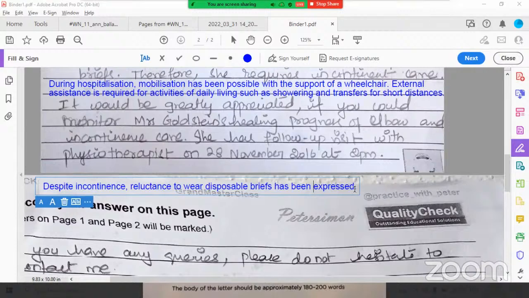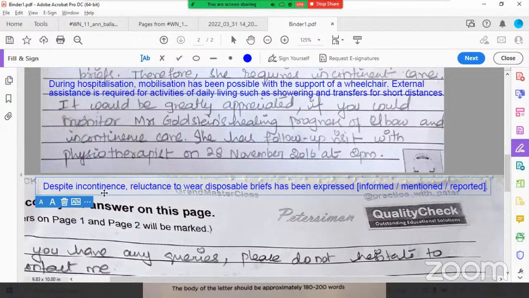So expressed, or you can write in brackets, informed, or mentioned, or expressed, informed, mentioned, reported. So there are many words which you can use. Despite, in spite of, although she has incontinence, like that you can say.